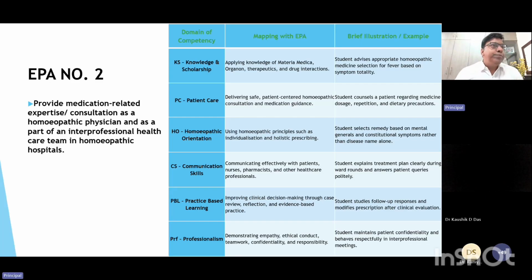Knowledge and scholarship: applying knowledge of materia medica, organon, therapeutics, and drug interactions. An example is the student advises appropriate homeopathic medicine selection for fever based on symptom totality. So to achieve this EPA, these competencies are required, and how each competency is mapped with the EPA, along with an example, is given here in this table.